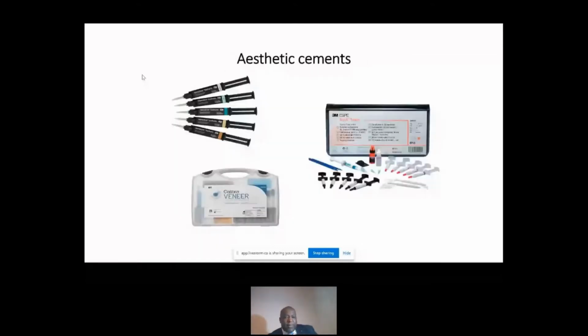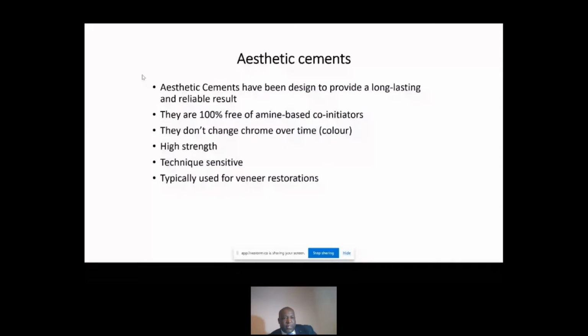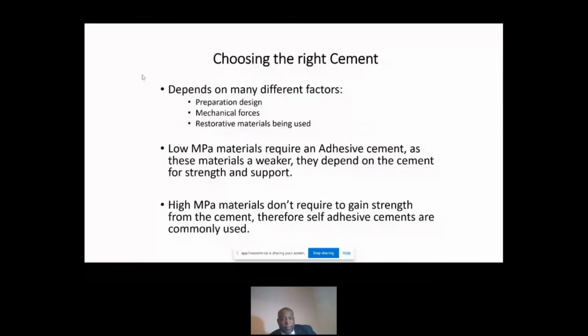Now, there are also aesthetic cements, and we have various ones that can be used. These are very high strength, but again, they are technically sensitive and are very good for veneer cases and so on. When it comes to cement, we need to not go to the stopgap of saying we're only going to use one cement.